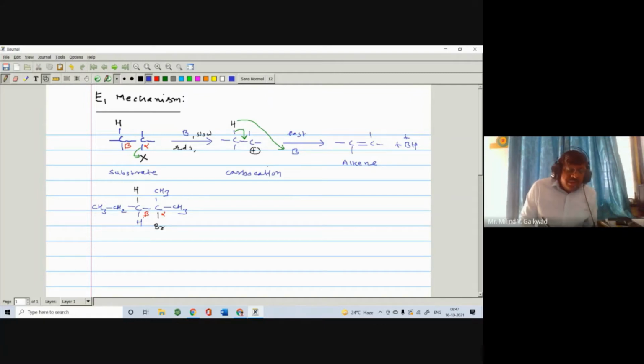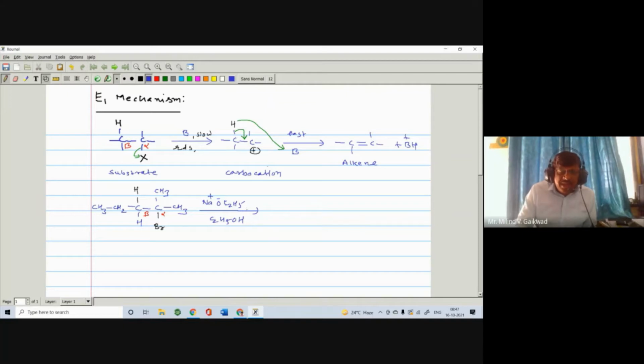Now here you find that the reaction takes place in the presence of, for example, sodium methoxide, sodium ethoxide, in the presence of ethyl alcohol as solvent, C2H5OH, or alcoholic OH.